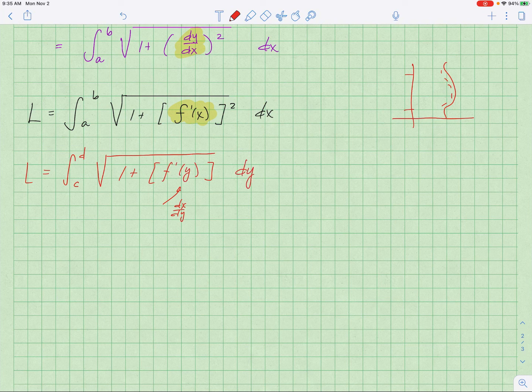So that's with respect to y. You can do it that way if you want to, if you have a weird curve that is not a function. This is for non-functions.